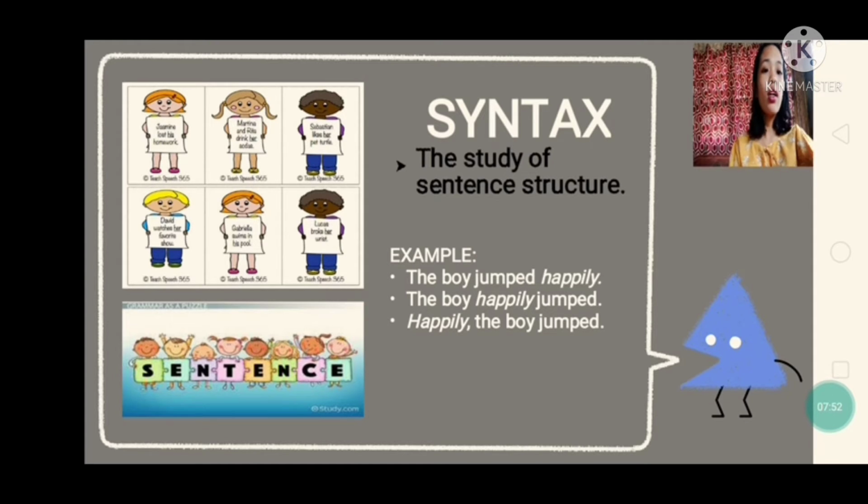So, may syntax yung sentence na example natin dito. Each is grammatically correct and acceptable in English language form. So, yung writer will vary on the sentence syntax to make the writing more interesting or to emphasize a particular point. So, the words and the phrase must follow English rules for correct arrangement and coherence of the sentence.